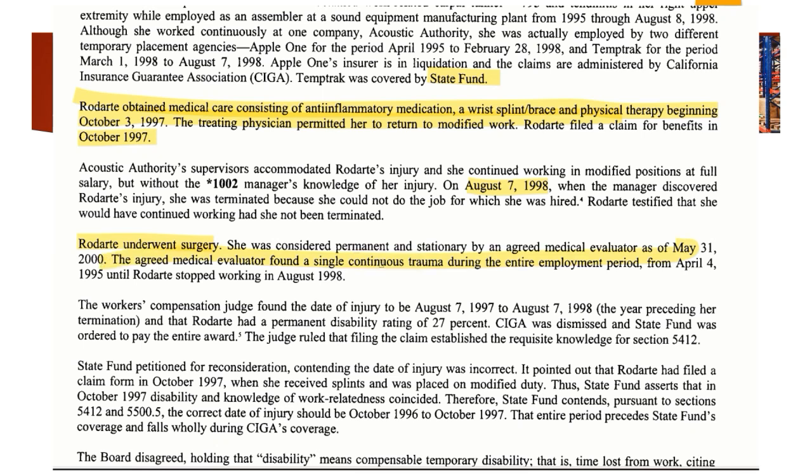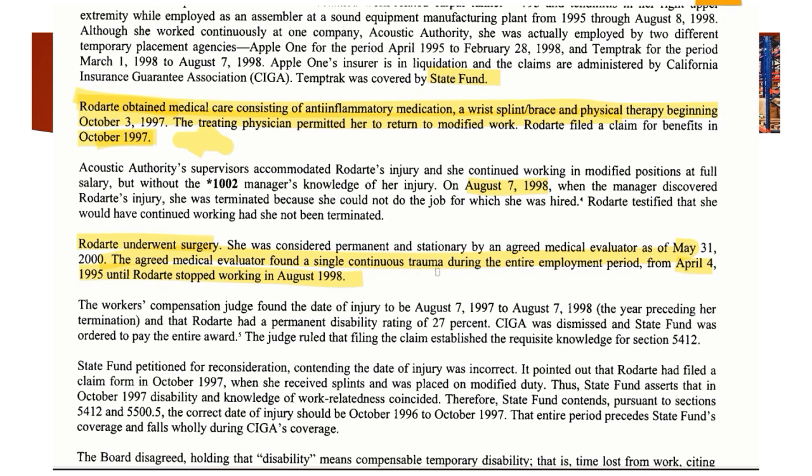And the AME found a single continuous trauma during the entire employment period spanning the liability periods of both insurers, to which State Compensation Insurance Fund is now going to be upset because the facts seem to suggest that 1997 was the proper date of injury and the proper cumulative trauma exposure period.